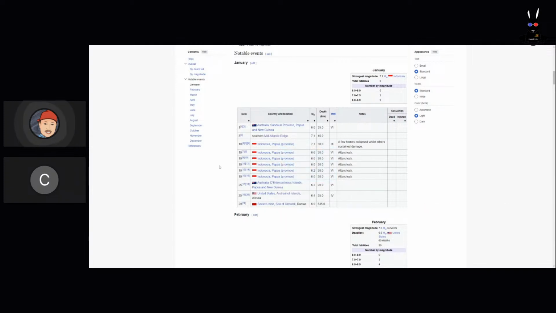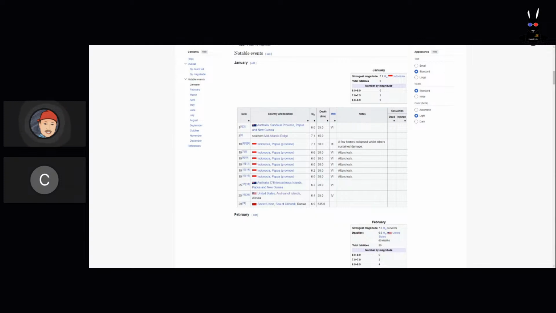Papua was blasting off. Australia had a 6. The Southern Mid-Atlantic had a 7.1. Then Papua had a 7.7, 7.6, 6.0, 6.0, 6.2, 6.0. Papua again, some other islands of Australia.